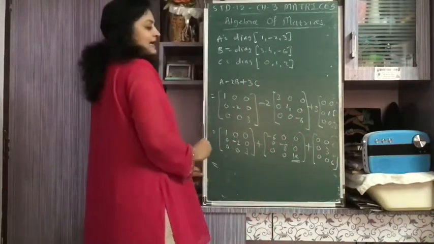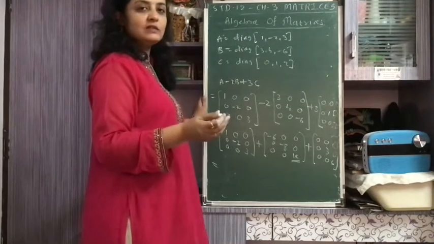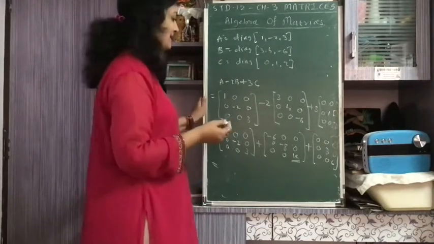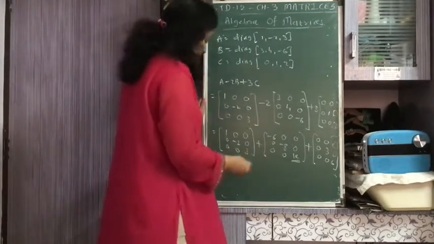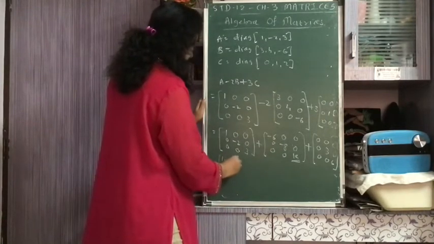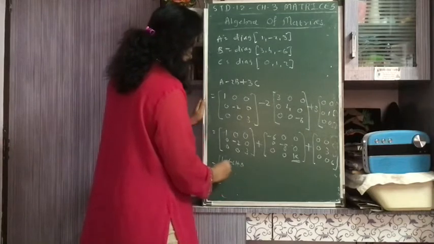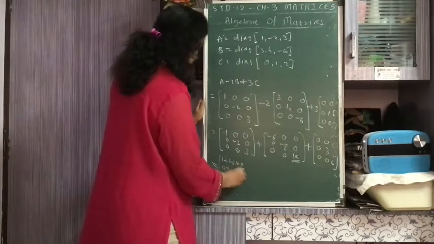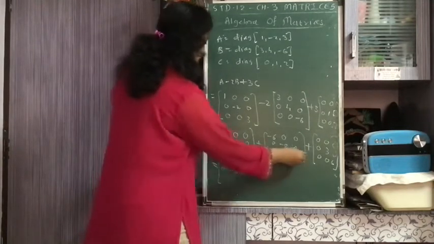Now we want to add them. So adding means what? Adding the corresponding elements, and we have seen that it is commutative as well as associative. So we can directly add them. So it is 1 plus minus 6 plus 0, 0 plus 0 plus 0 and 0 plus 0 plus 0.